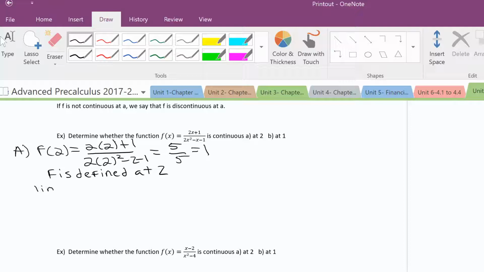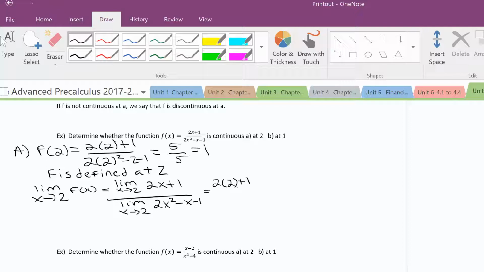Then the limit as x approaches 2 of the function, since it's a quotient, is going to be the limit as x approaches 2 of the numerator, which is 2x plus 1, over the limit as x approaches 2 of the denominator, which is 2x squared minus x minus 1. So we get 2 times 2 plus 1 over 2 times 2 squared minus 2 minus 1. So it's 5 over 5, which is 1.